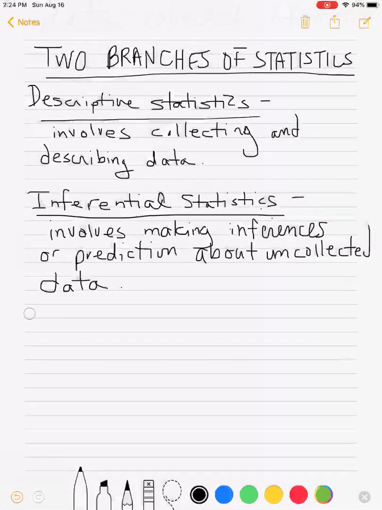A lot of times what you want to do is look at a specific subgroup, which we often call a sample, and we'll gather data on the sample, and then try to make predictions or inferences about the entire population. So we're introducing two words here: population and sample.